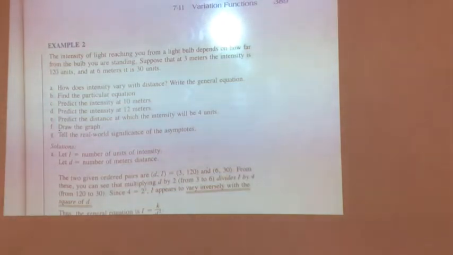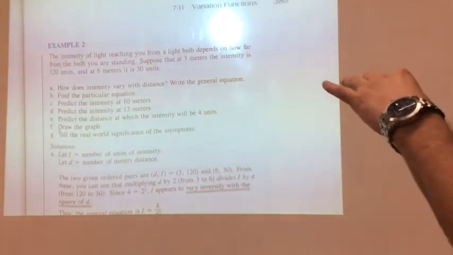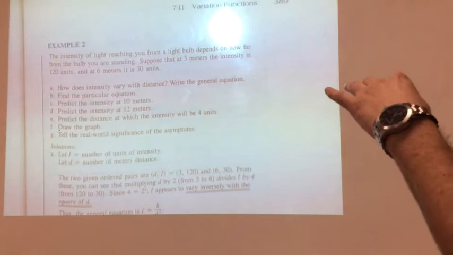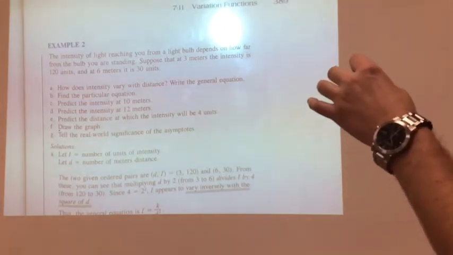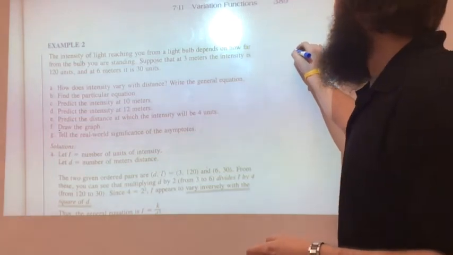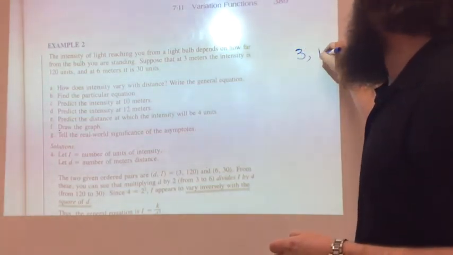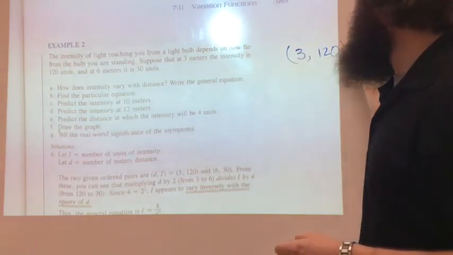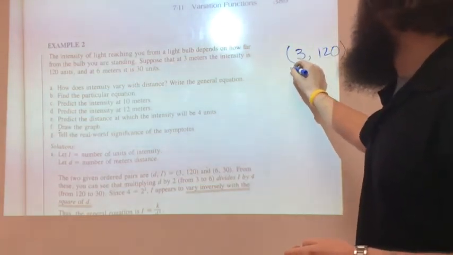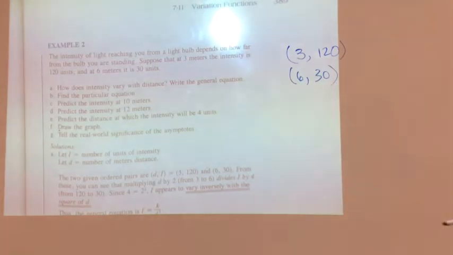So the intensity of the light bulb depends on how far from the bulb you are standing. Suppose that at 3 meters the intensity is 120 and at 6 meters it is 30. So this is giving us 2 points: in which you are 3 meters away and 120 is the intensity, and in this one you are 6 meters away and the intensity is 30.